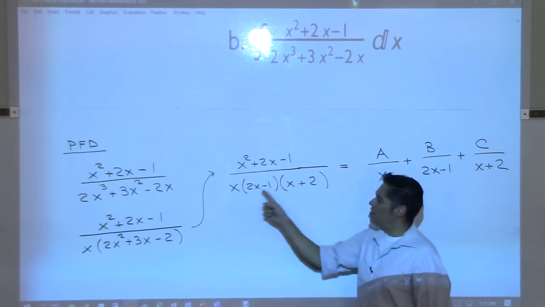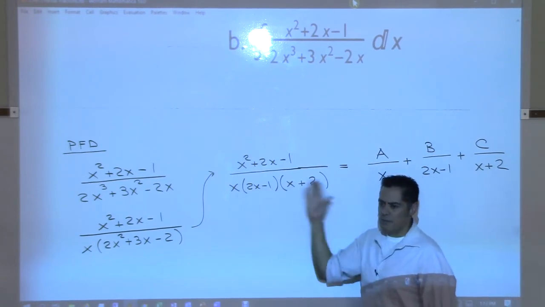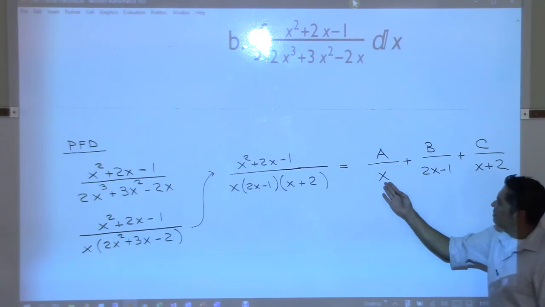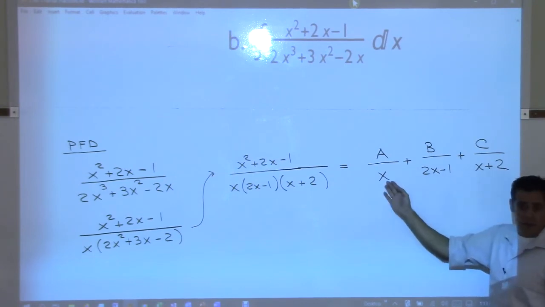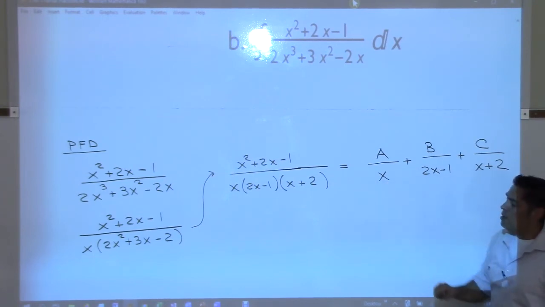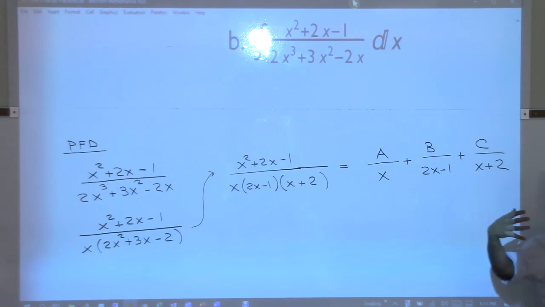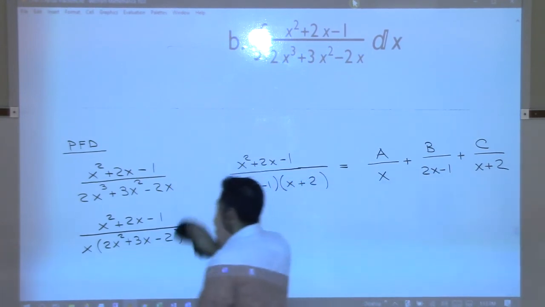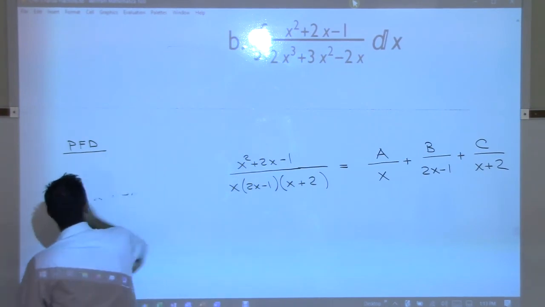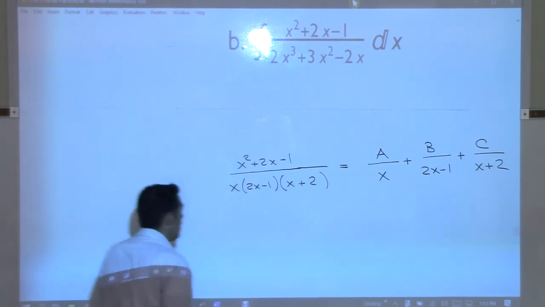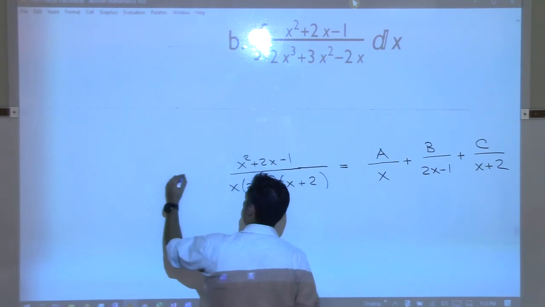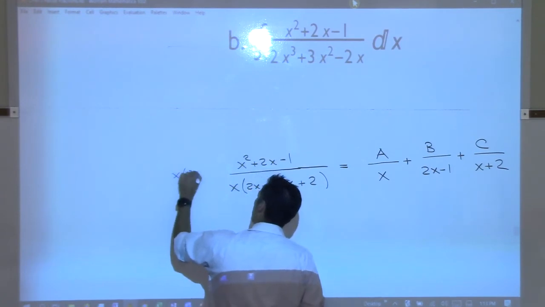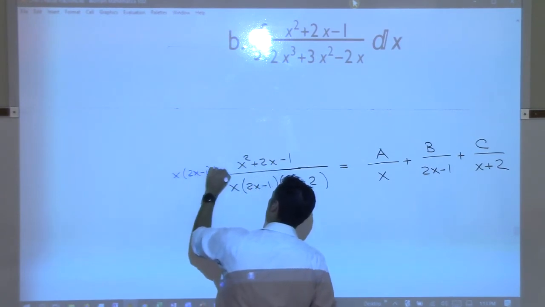This is our common denominator, the denominator in which all three of these factors appear. So we're going to multiply both sides of this equation by the LCD. Okay, I'm going to do that right now. I multiply the left-hand side of this equation by x times 2x minus 1 times x plus 2.